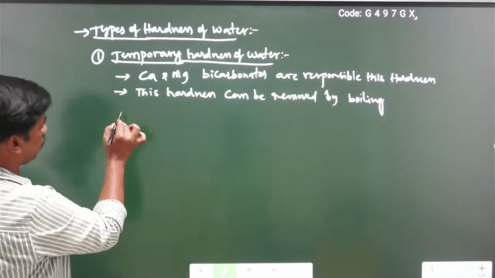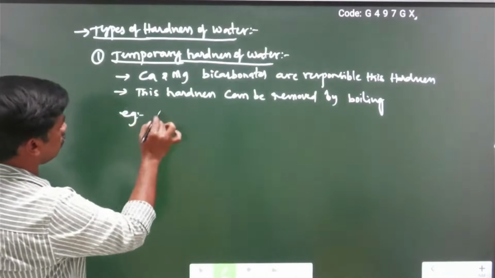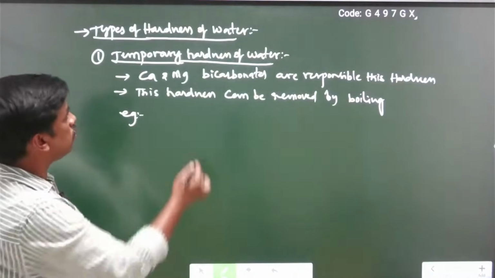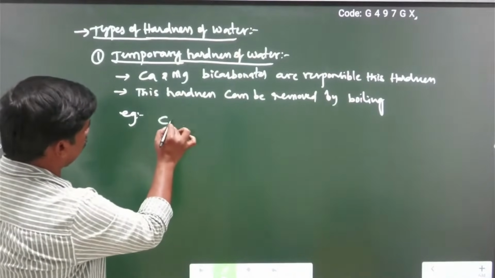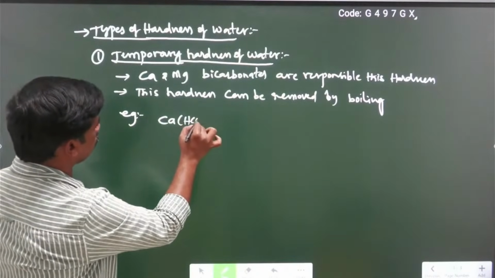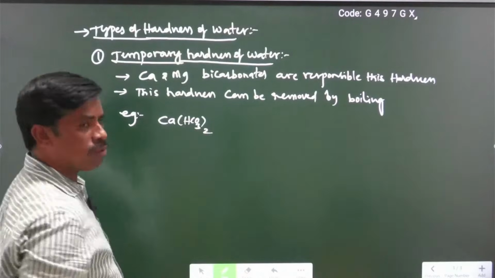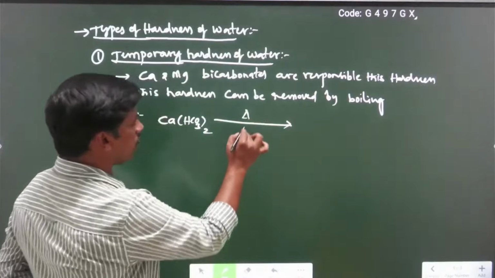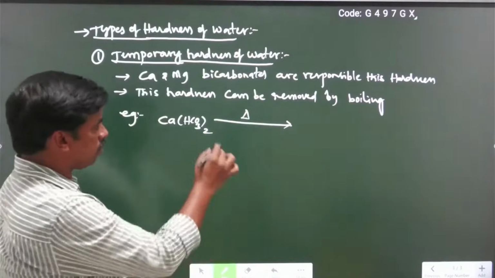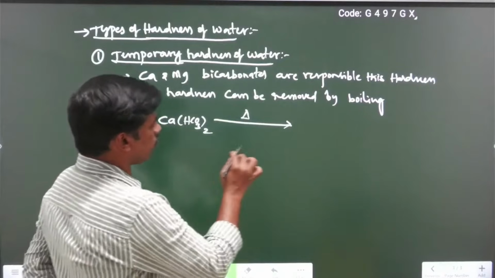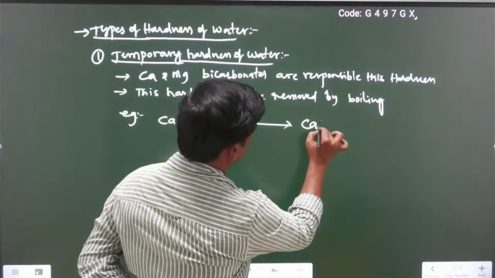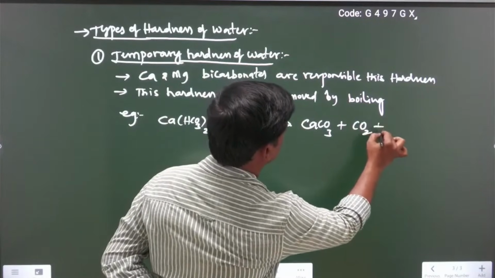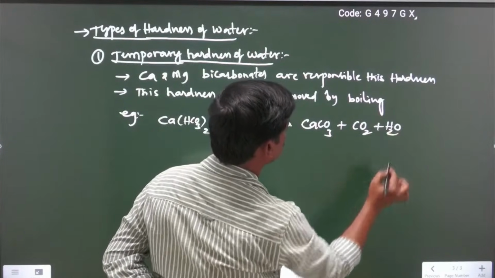Here you can see the reactions of how the hardness is removed. Calcium bicarbonate and magnesium bicarbonate are examples of temporary hardness. First, the calcium bicarbonate reaction. On boiling, the delta symbol indicates boiling, calcium bicarbonate converts into calcium carbonate plus CO2 plus H2O vapors.